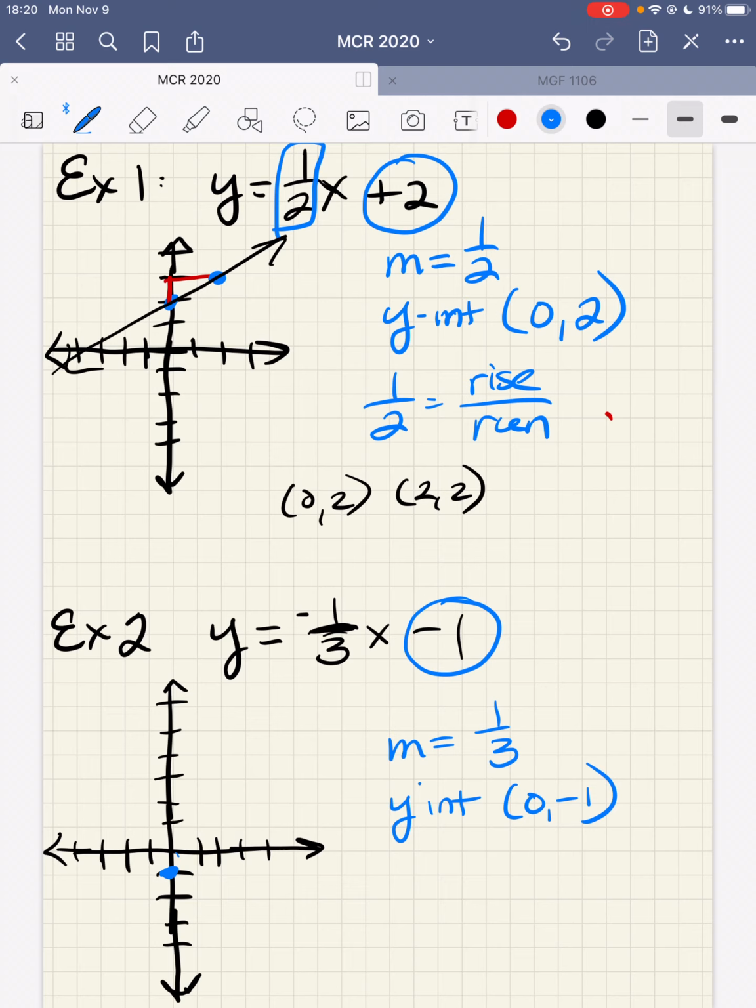And I'm going to use the idea of rising over running. So I'm going to rise up 1, go to the right 3, and plot my next point. And then from here, I have 2 points.